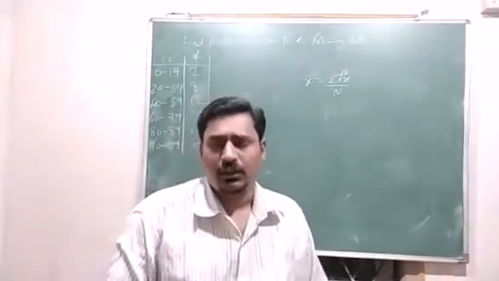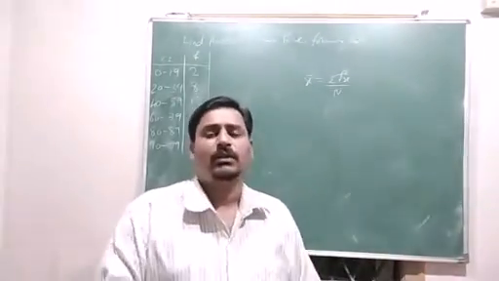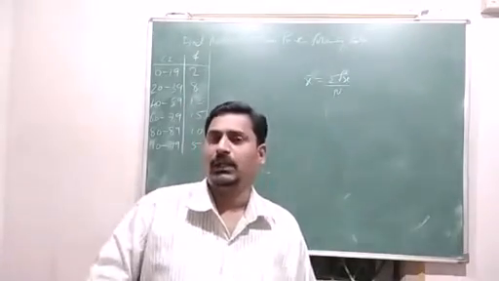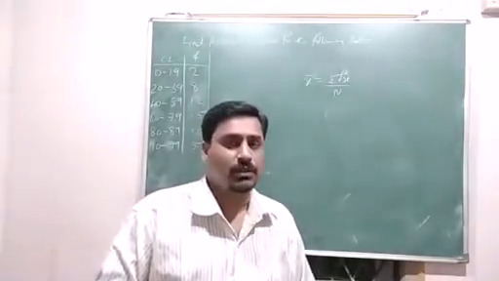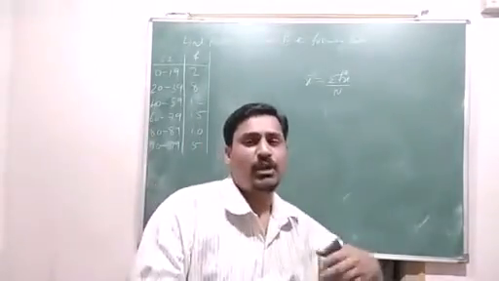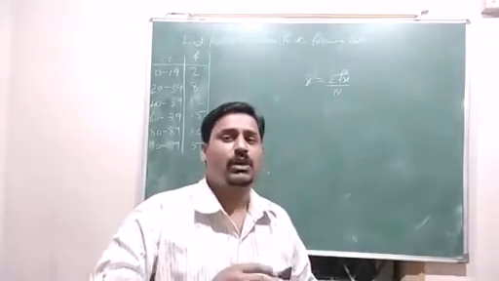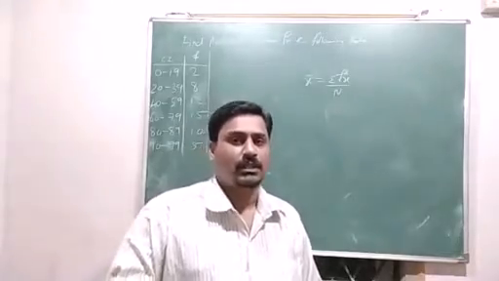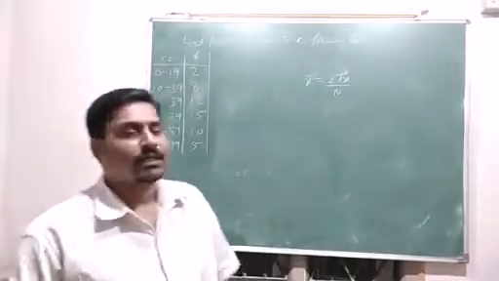If you convert the inclusive type of class interval into exclusive type of class interval, we get the same midpoint. That is why it is not necessary here to convert the inclusive type of class interval into exclusive type of class interval. Just we'll see an example here.